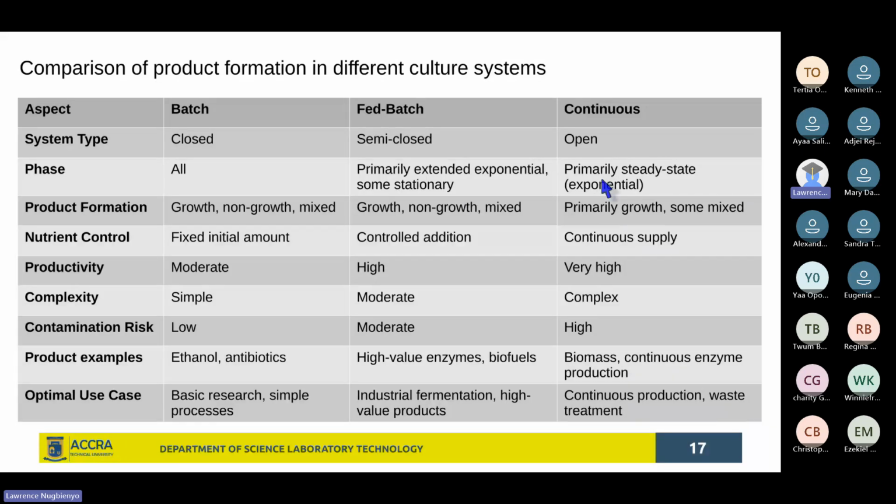In a continuous system, you have some of the product also, just like the fed batch system, being produced in the exponential state, some of it in the steady state.